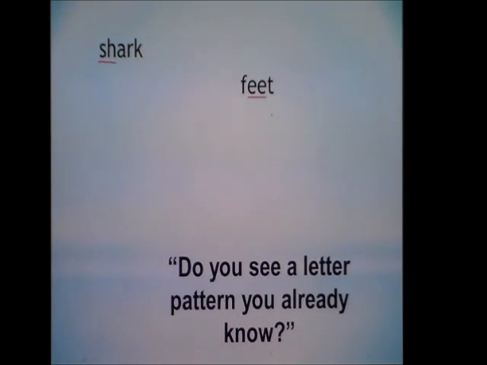So you've got f, eet, feet. Now when you have a vowel with an R, you get a particular sound. An A and an R together say ar. So we have d, ark, dark. N and G together say ng. So we have sa, ng.